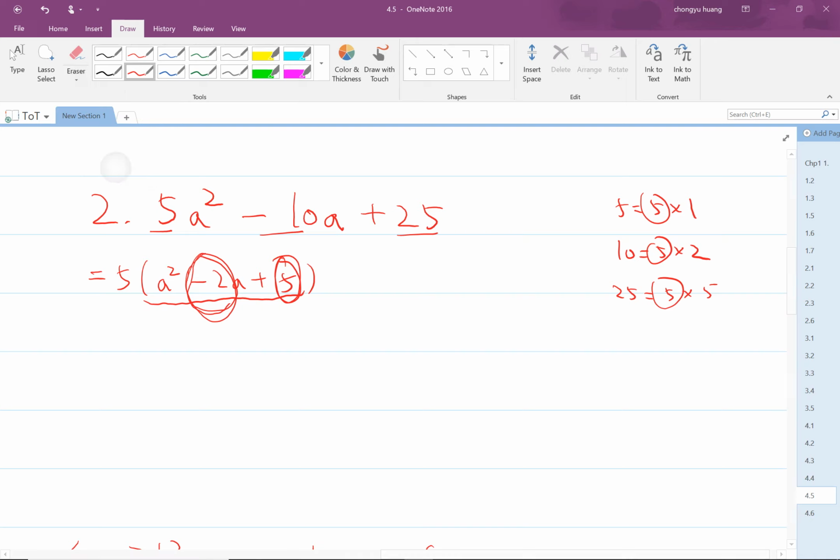As I said before, inside is a trinomial. We practiced this kind of problem many times, so we use the basic method to factor it. That's why over here we just cannot factor out anymore, so we just leave the answer as it is.